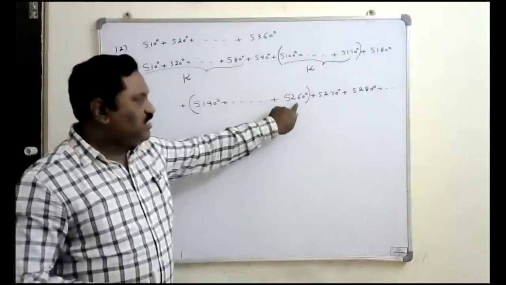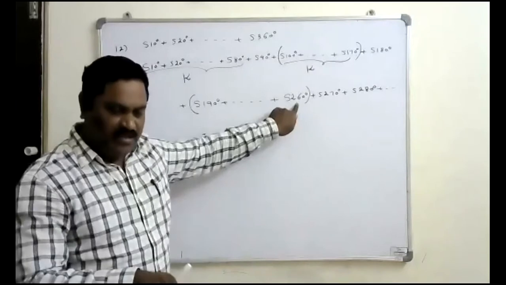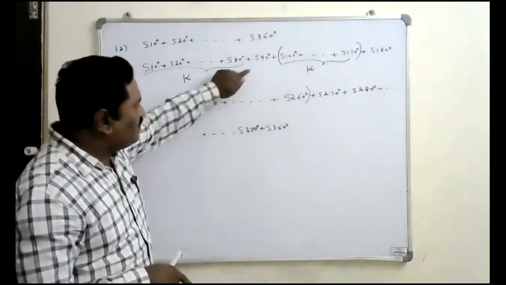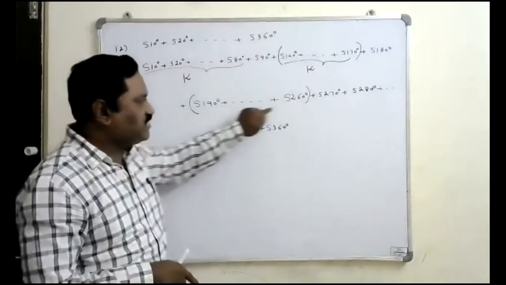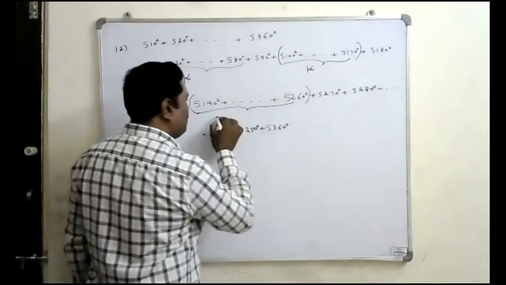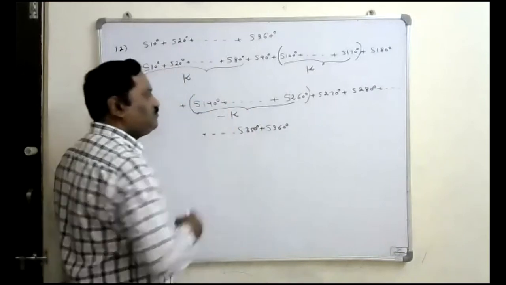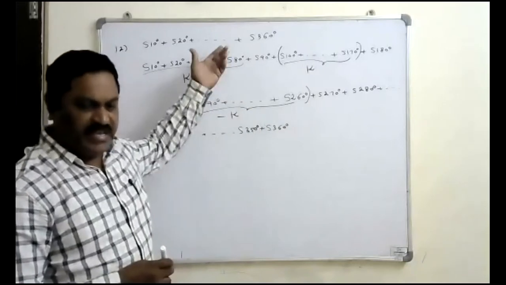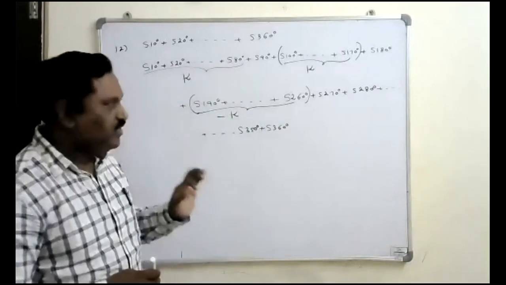Like that, this also you can write 180 plus 80, that is minus sine 80. Means here also we are getting the same values with the negative sign. That's why this entire summation becomes minus k.